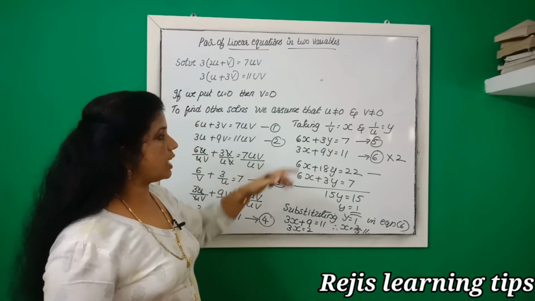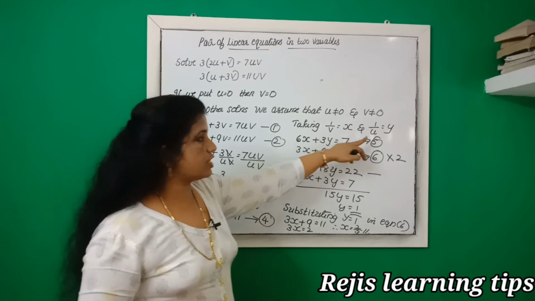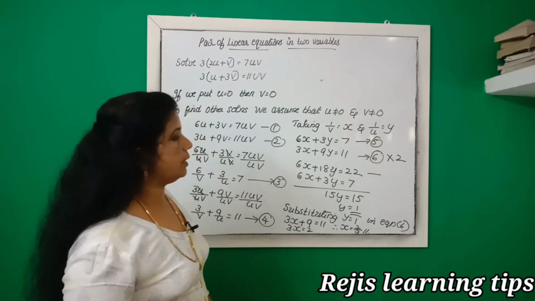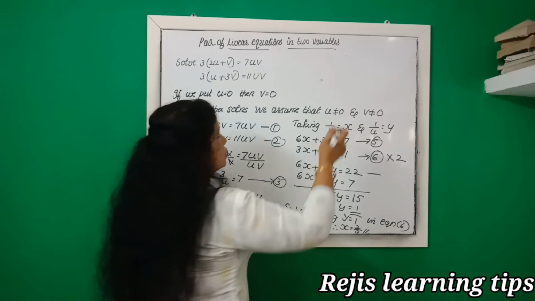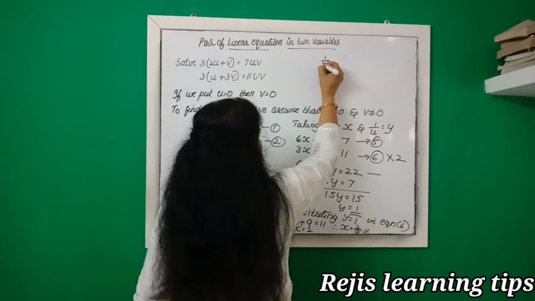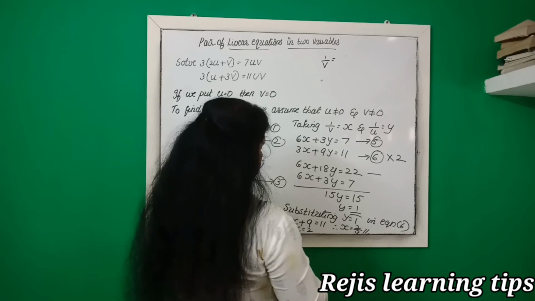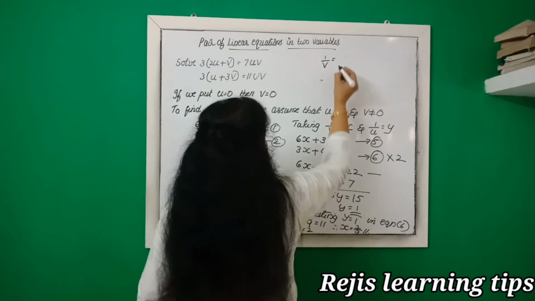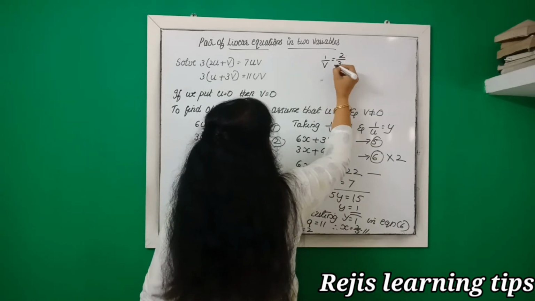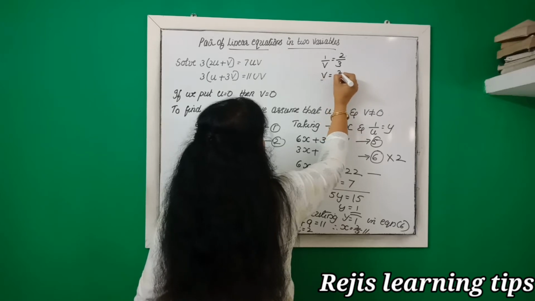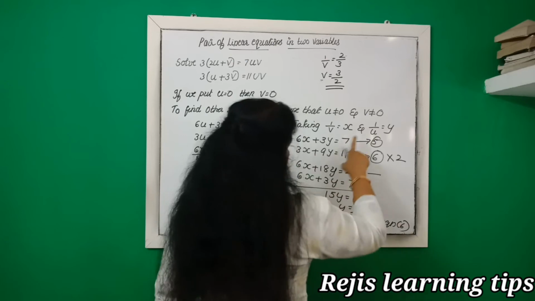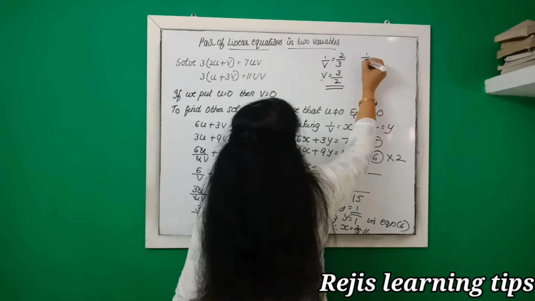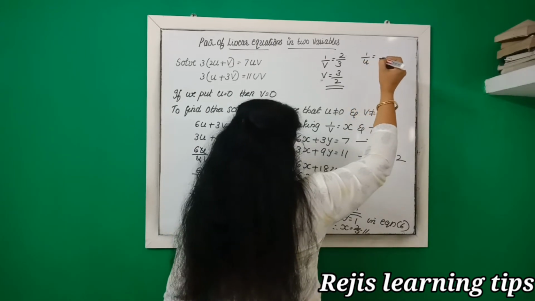Now 1 by v is equal to x. What is the value of x? 2 by 3. So v is equal to 3 by 2. Then 1 by u is equal to y. What is the value of y? 1.